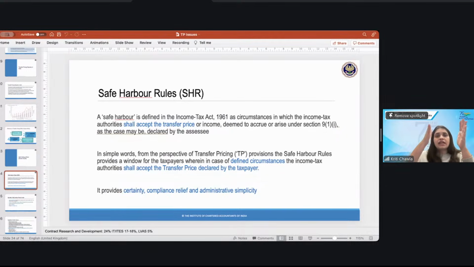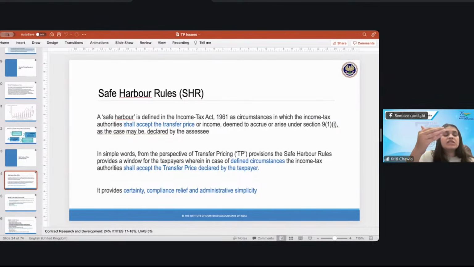And what they've actually done is, if you say yes, these are the circumstances, well, then they have mentioned that if you provide ITES services, then 17 to 18% of margin will be considered as appropriate. And if you earn that kind of margin, 17 or 18% from this kind of transaction, then that will be accepted by the tax authorities. There will be no litigation on that kind of margin.